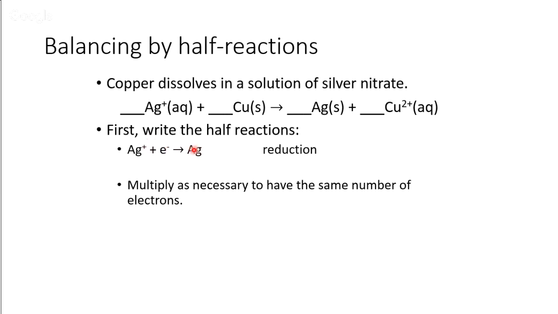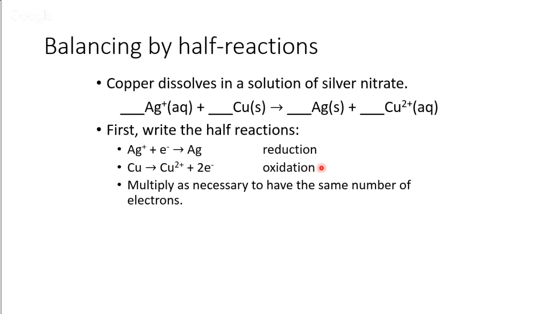It's silver 0 here, so we have silver plus, so we need 1 negative over here. So this is the reduction. For copper, we go from copper solid to copper 2+, and that means the copper gave up 2 electrons. And that is the oxidation since it went from 0 to +2, since it increased.